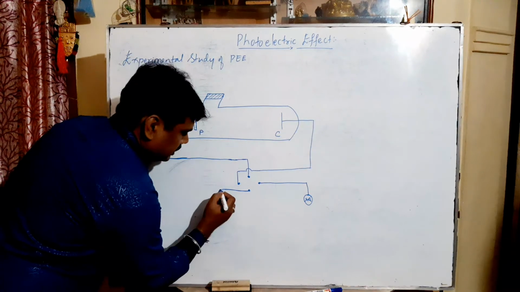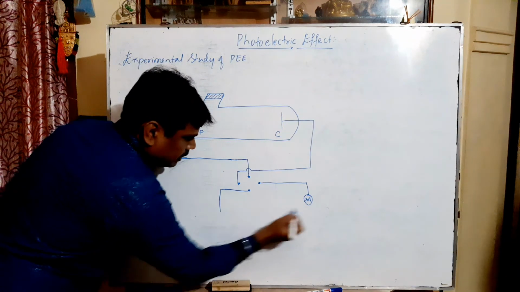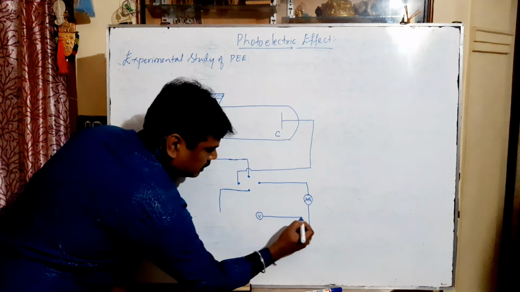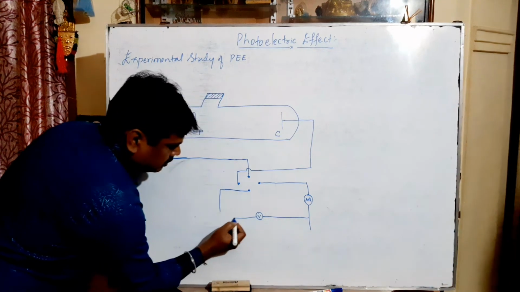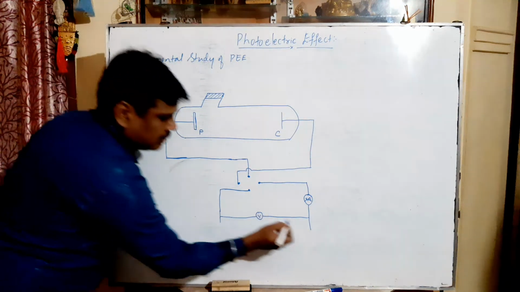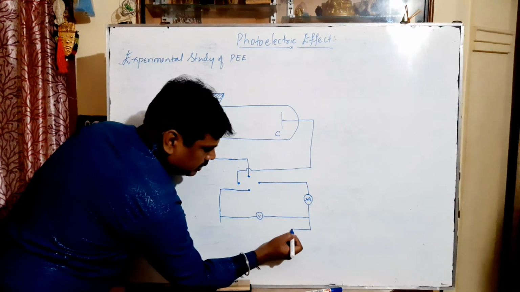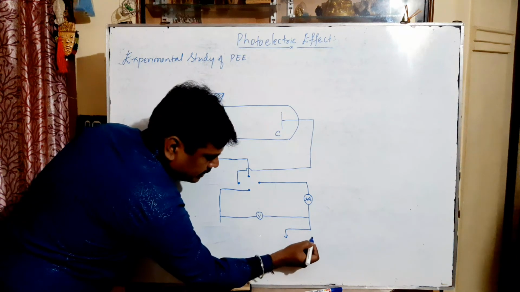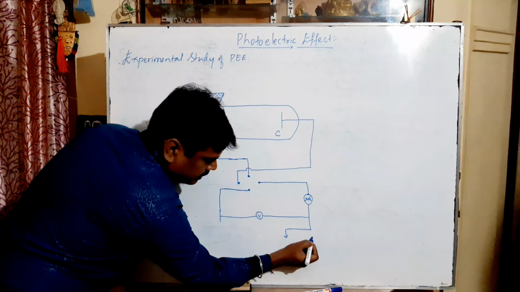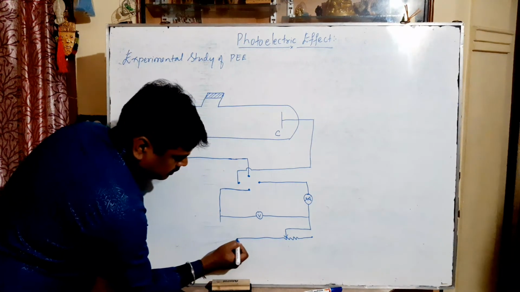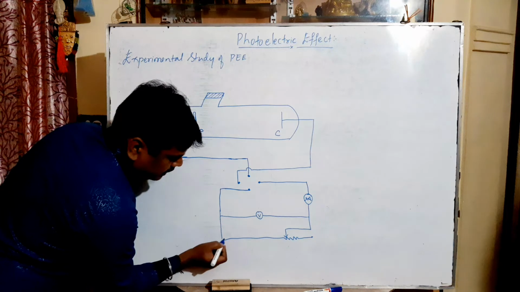Parallel to this, a voltmeter is connected, which can help to measure the potential difference. To vary the potential difference, a rheostat is connected. This is the region where the rheostat is connected. It is a device used to vary the current.